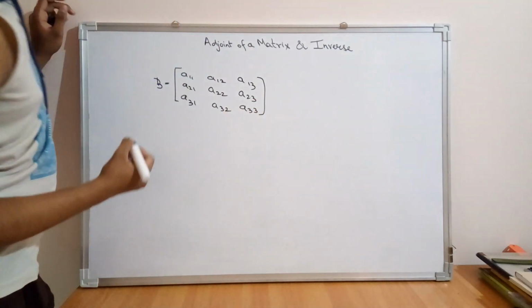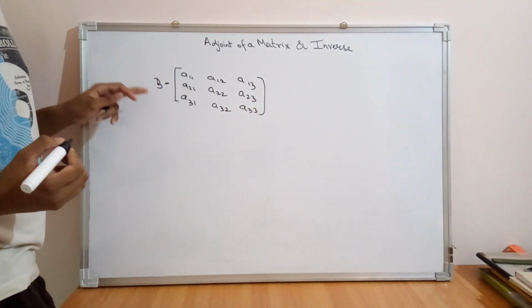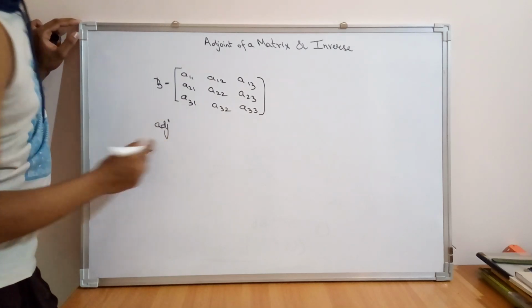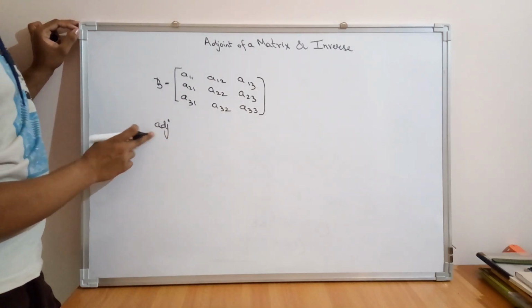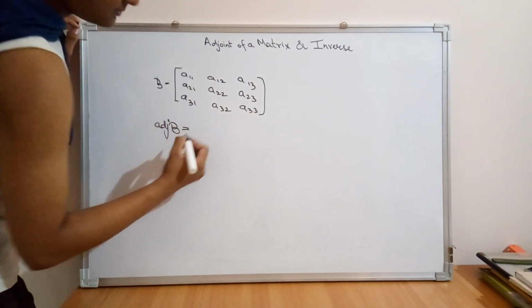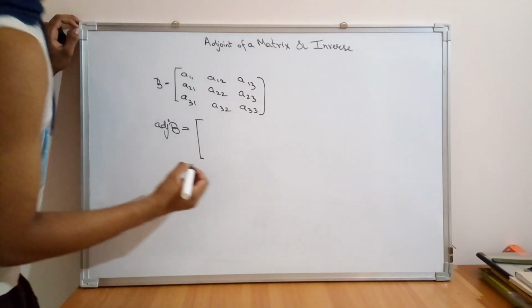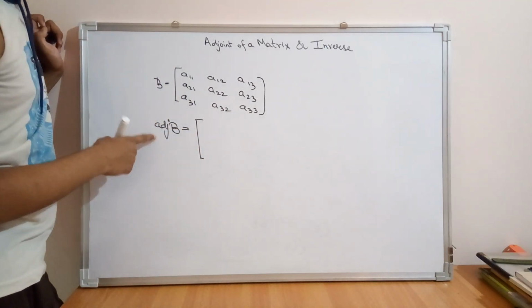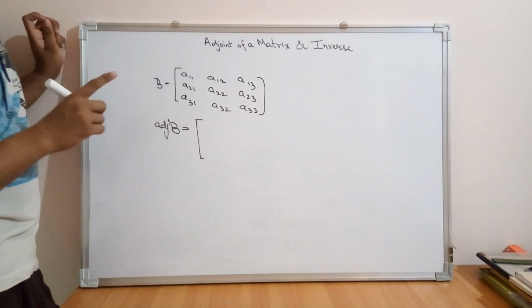Okay, this is all about the particular matrix B. If you are going to find the adjoint, we represent the adjoint of matrix as ADJ of the matrix B. So adjoint of a matrix is also a matrix. That's the first thing we need to know. Adjoint of a matrix is also a matrix, not a determinant or something like that.